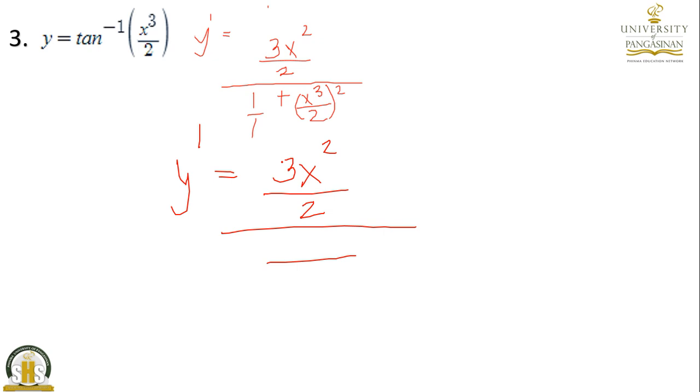Okay, 2. So the LCD here is 2. Then what is the next? So iiwalay natin 1 plus x cube. So meron tayong exponent na 2. So what will happen to x cube all over 2? Anong mangyayari sa x cube all over 2 if you have an exponent of 2?